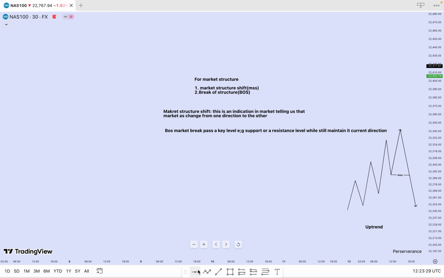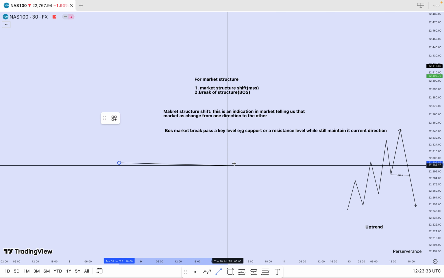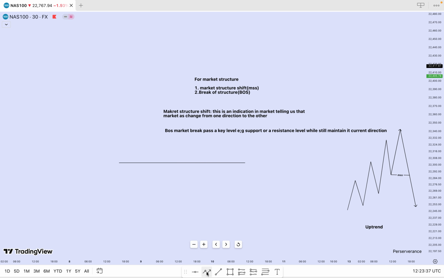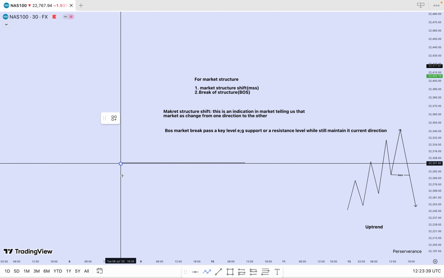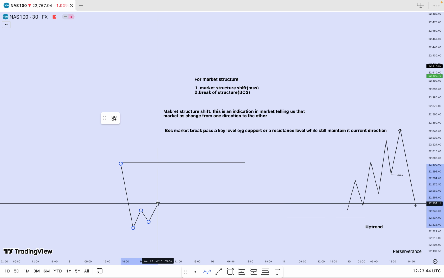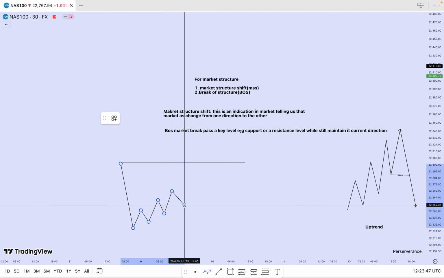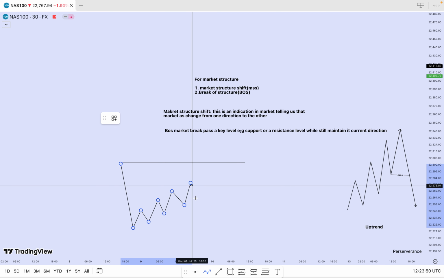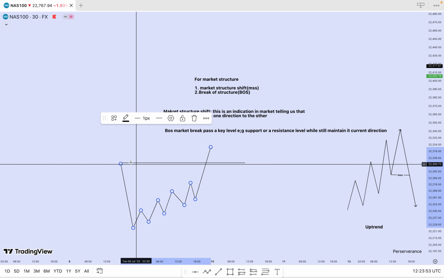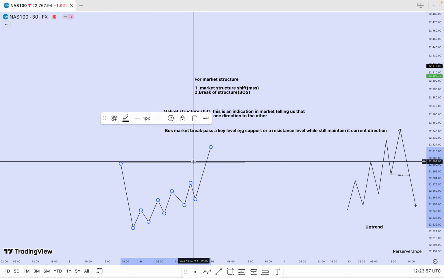So let's say this is a support level, right? Then we have price creating higher highs and higher lows, and then price does something like this, breaking above this resistance level, right?